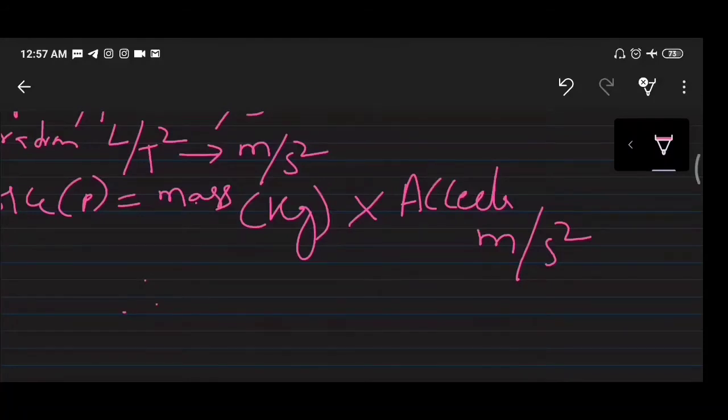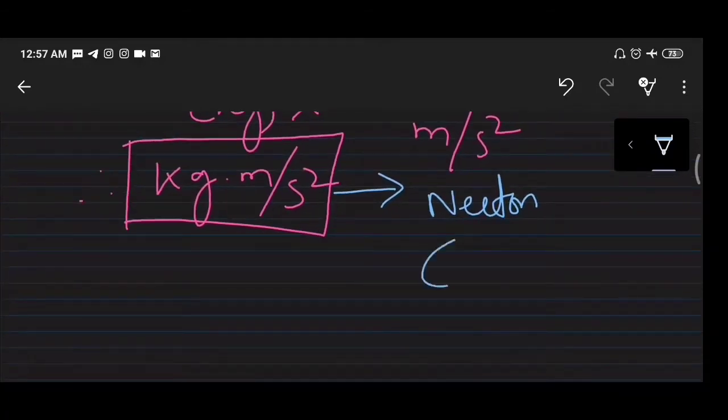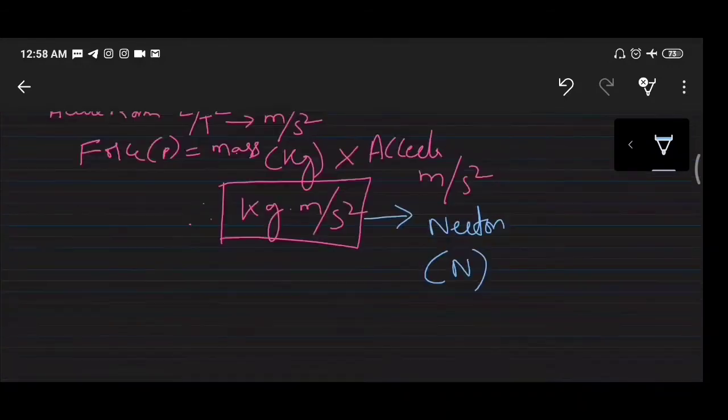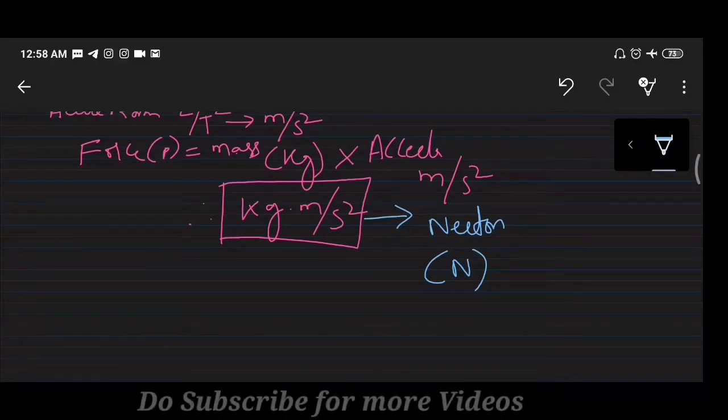So therefore kg meter per second square, generally we call this Newton, right, which is denoted by N. So wherever in numericals we are using Newton for force.